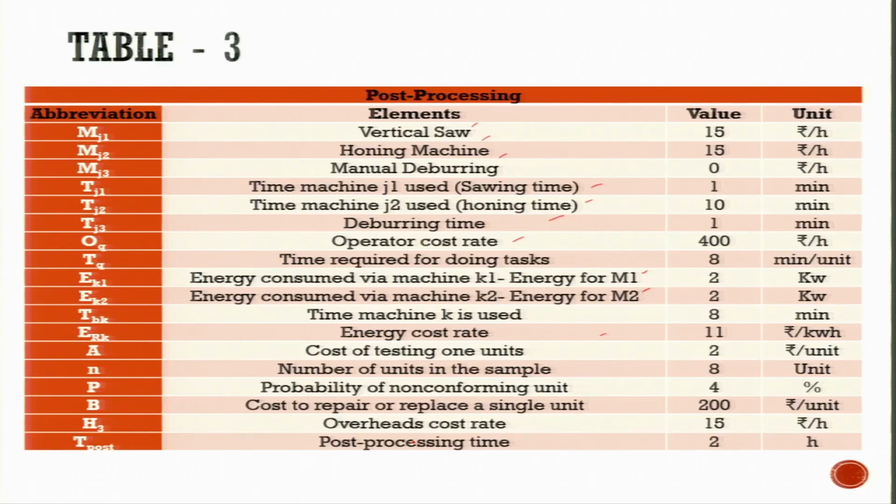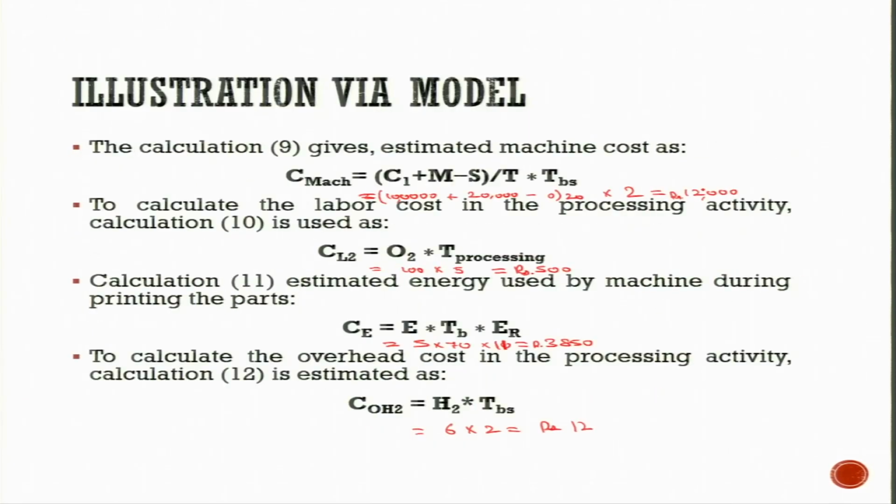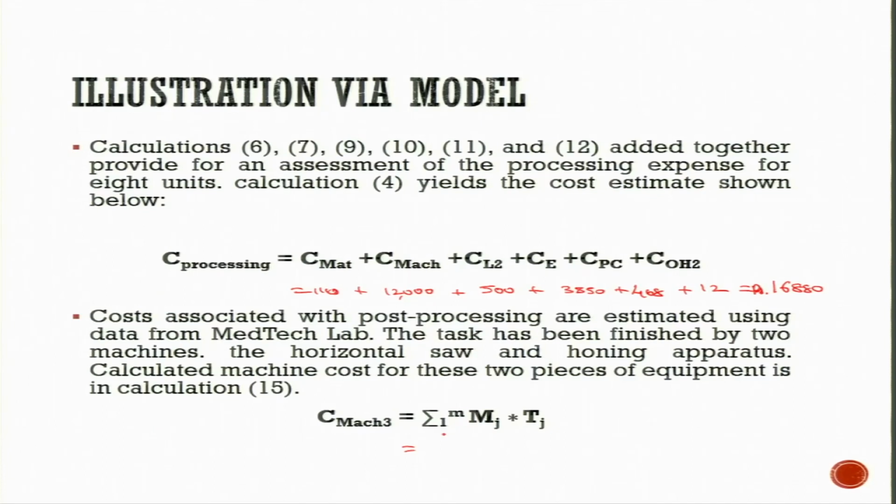Similarly, let us see the values for the post processing machines. So, there are 3 machines for the post processing. So, manual deburring, it is the time, the value is 0 here only. So, let us put these 3 machines value here. So, it is sum of the machine rate, that is 15 by 60, because the time is given in hours, I am converting it to minutes, into 1 plus 15 by 60 into 10.